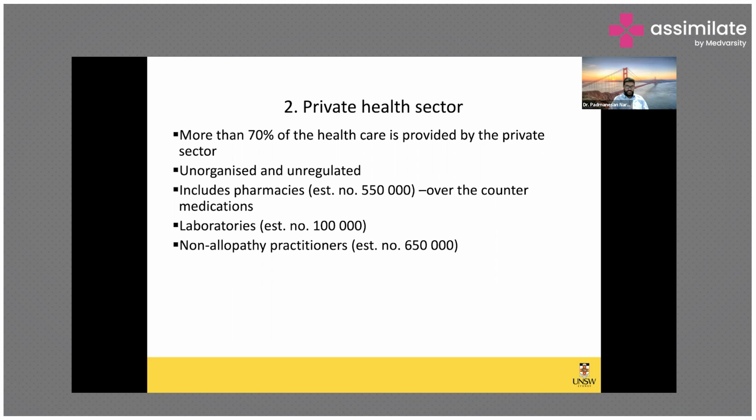Not just medium-sized and large hospitals, there are lots of RMPs, single-bed clinics, 5-bed clinics, 10-bed clinics. Along with that, there are many pharmacies prescribing over-the-counter medications, many laboratories, and many non-allopathy practitioners, many millions, prescribing TB drugs.